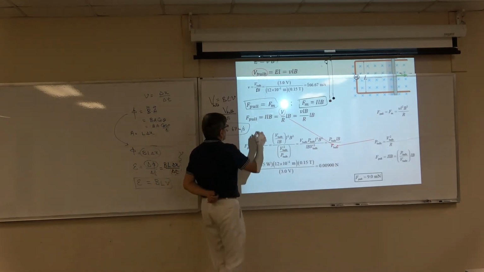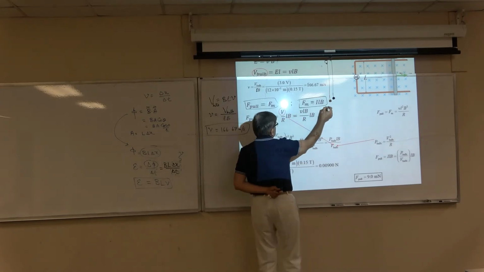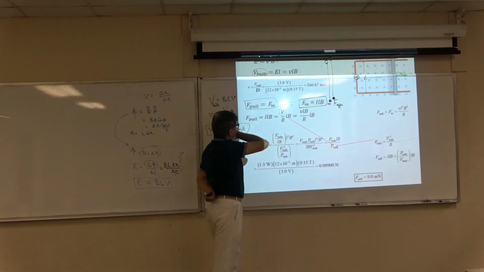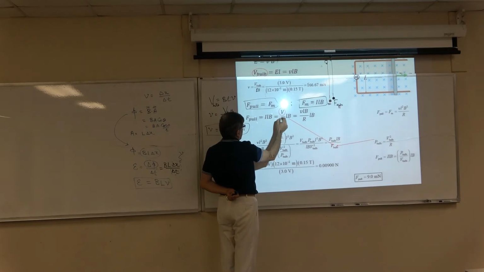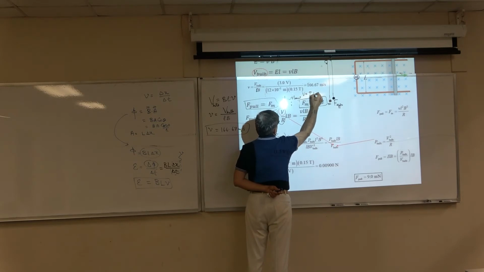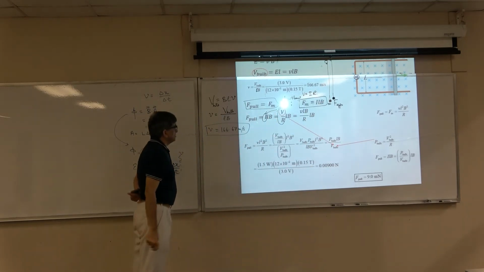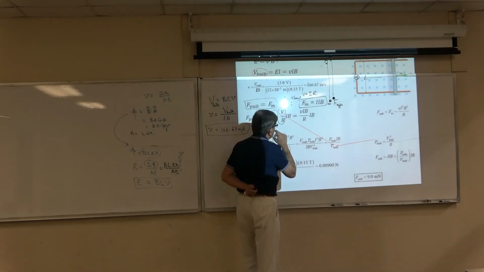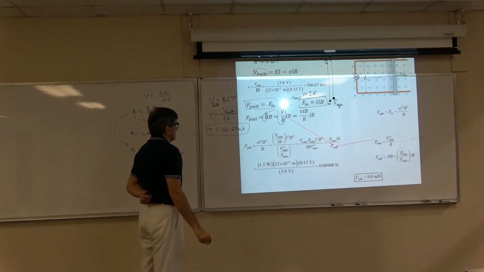Now, I is nothing but V over R from Ohm's law, V equals I times R. Now I can replace it with V over R times L times B.